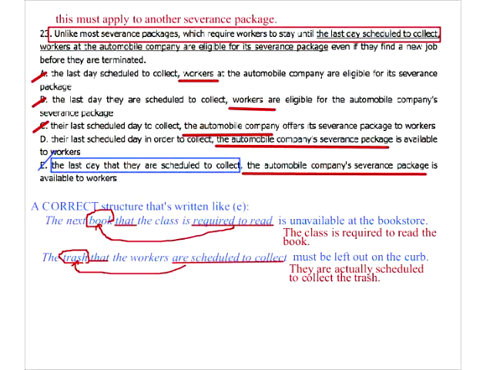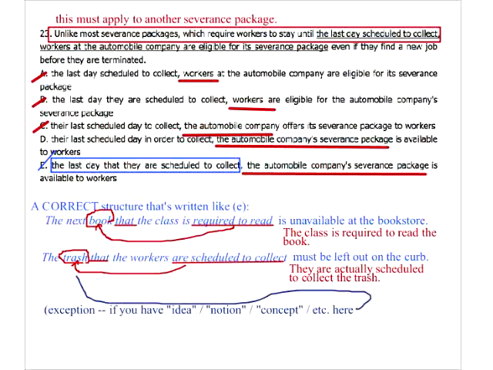The one exception to this structure that I can think of right now is if you have idea or notion or concept, etc. here in this spot.